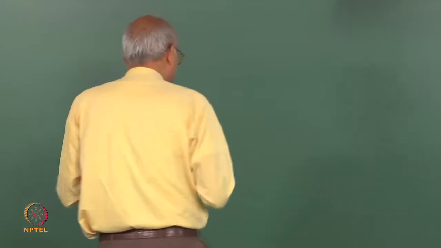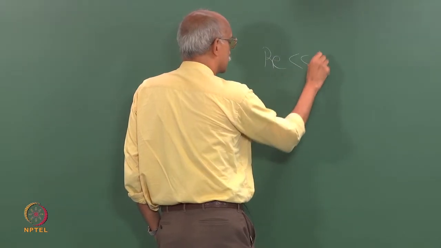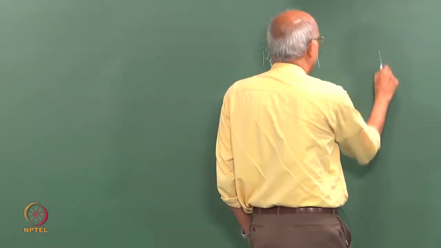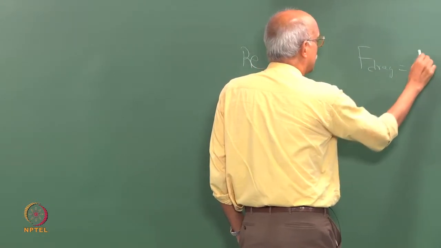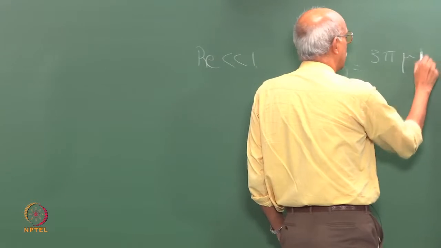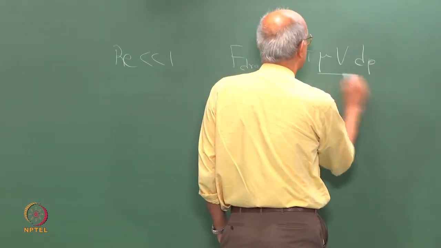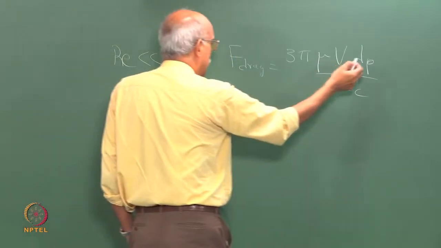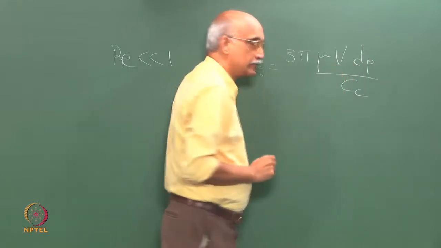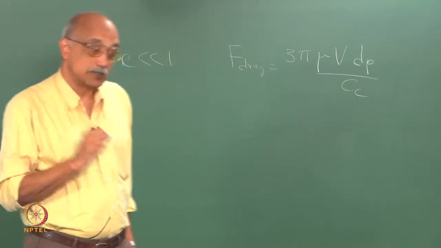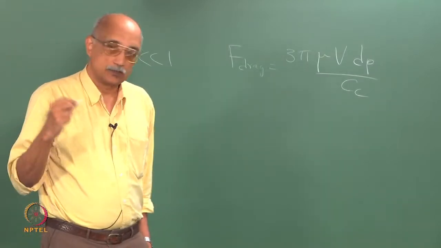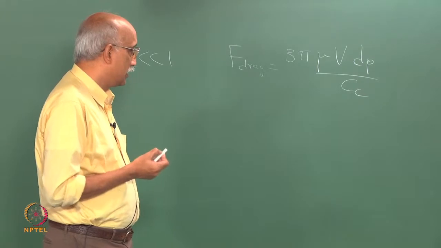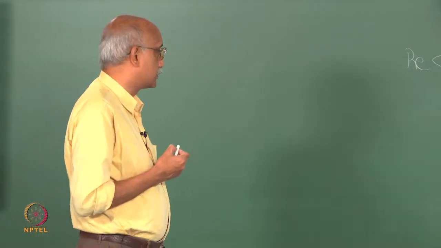Under those conditions, when Reynolds number is much smaller than 1, the drag force is given by 3 pi mu dp v over Cc, where mu is the viscosity, dp is the particle diameter, v is the relative velocity between the particle and the fluid in which it is immersed, and Cc is again the Stokes-Cunningham slip correction factor that we had mentioned earlier.